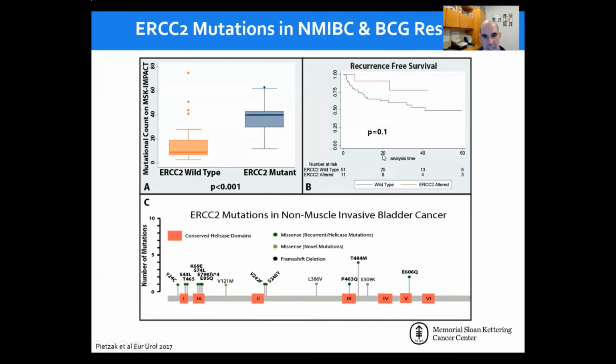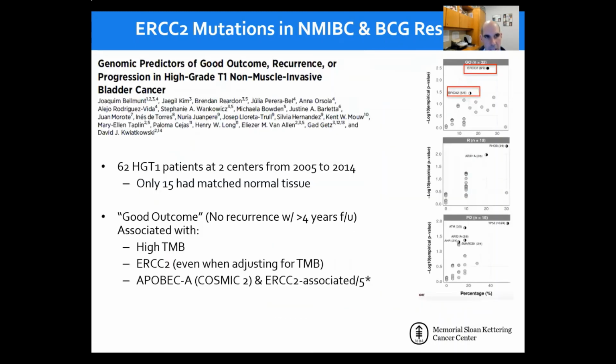This is not statistically significant, but as we increase our numbers, this is an increasing association we're interested in. It appears that tumors with ERCC2 mutations, or DNA damage repair gene alterations in general, may be more sensitive to BCG. This needs further investigation and further validation, but an interesting hypothesis is currently being generated.